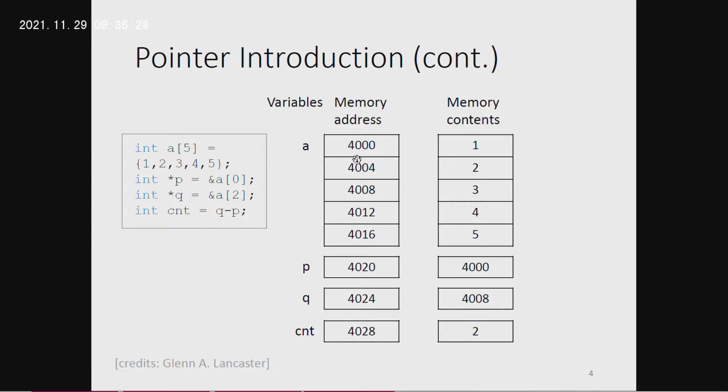And suppose the memory address of the first element is 4000, and the next memory address is 4004, because each element is an integer, and one integer is 4 bytes.